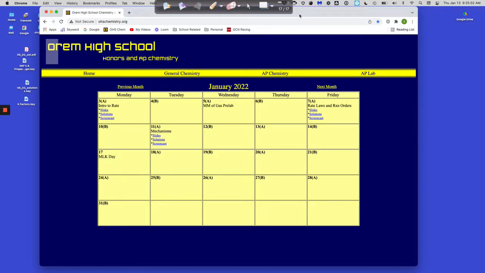So your homework, if you will, during our online learning day will be simply to take your data from the lab we're doing today and populate a spreadsheet with it. I don't expect you to set up the equations that figure out the rate law digitally.